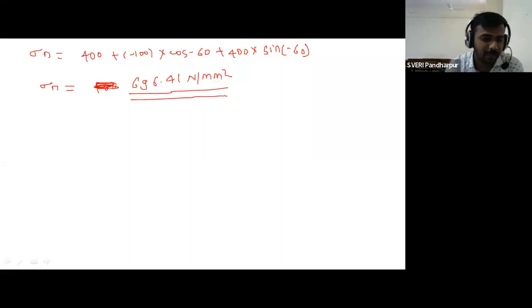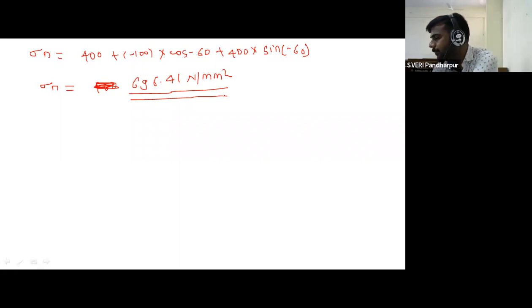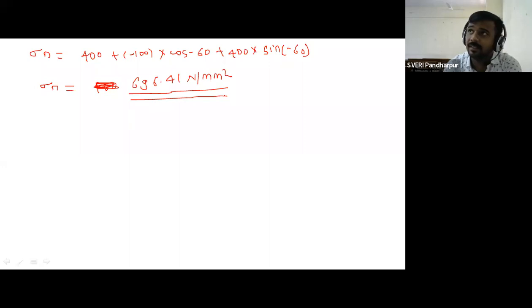Please check your answers and send them in the chat box. Sigma n is equal to 696.41 Newton per mm square. Do the calculations properly, since many negative signs are there, so there is a possibility of wrong calculation. Use the proper sign conventions wherever required. I've got sigma n 696.41.